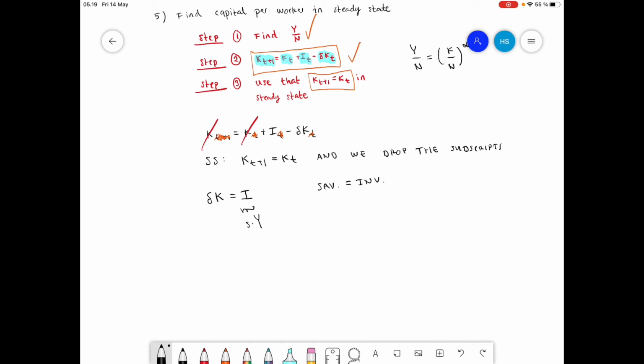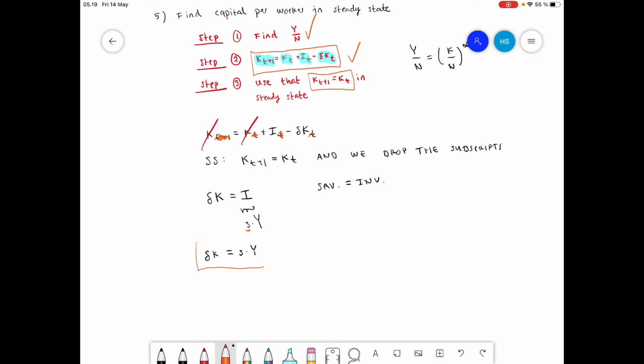Remember, we choose to save a fraction of our total income. And the fraction that we choose to save is determined by the savings rate, which is between 0 and 1. So if the savings rate is equal to 1/2, we choose to save half of our income and consume the remaining half of the income. So now we have delta K is equal to the savings rate times output.